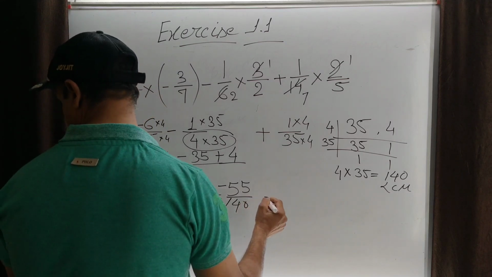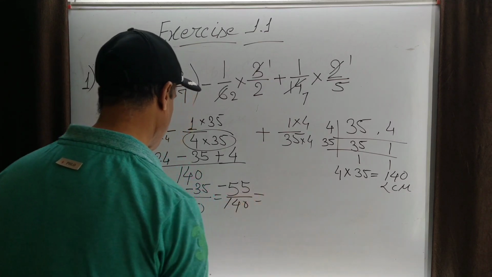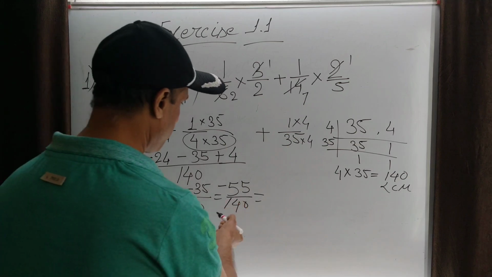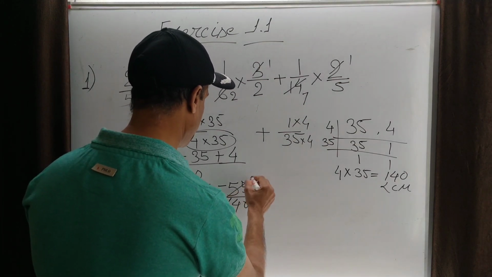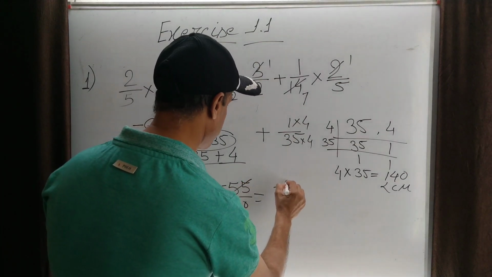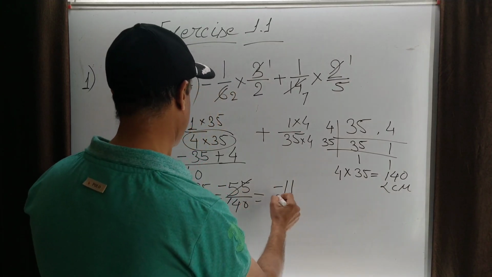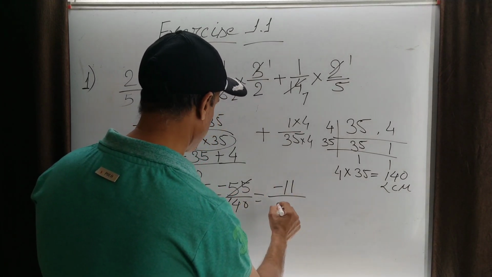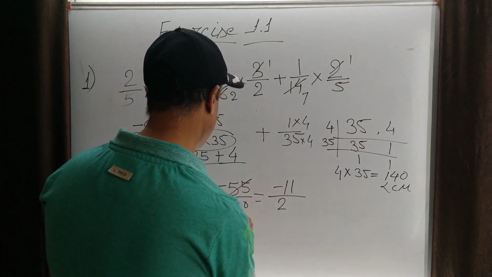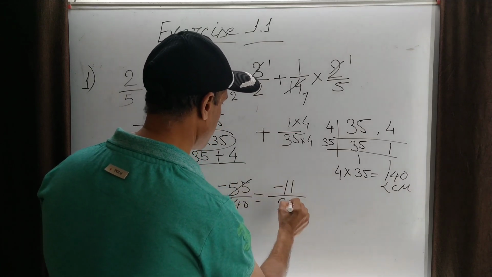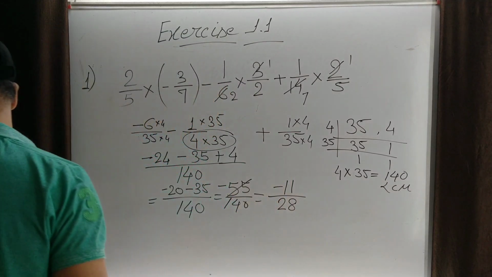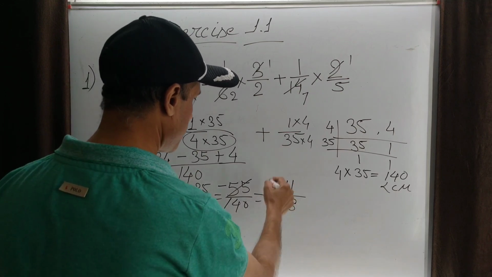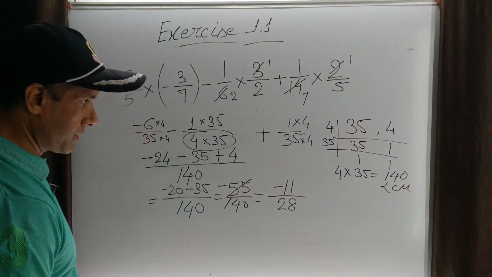So you divide by 5, you get here minus 11, and here you get 28. So your answer is minus 11 by 28.